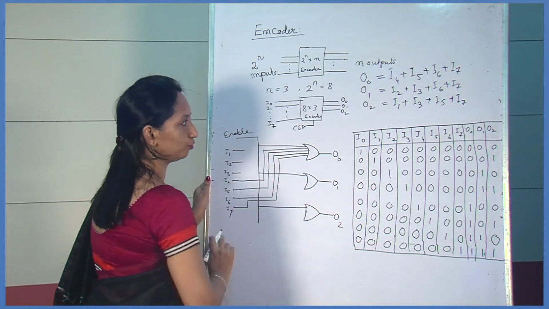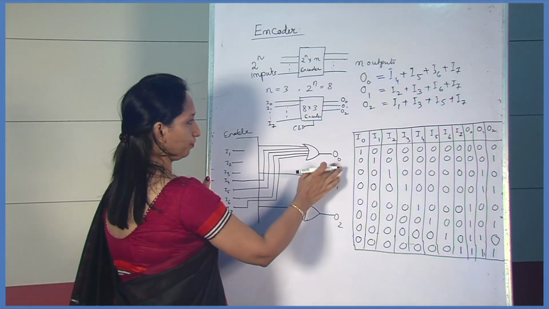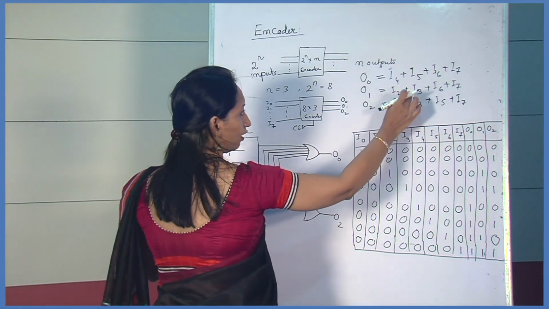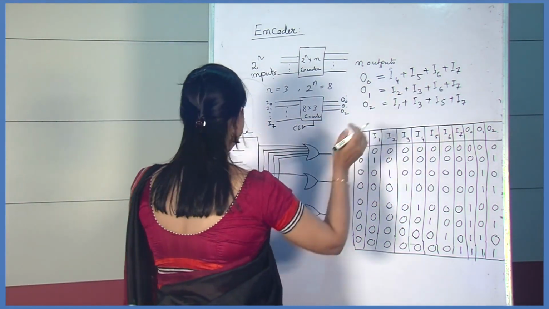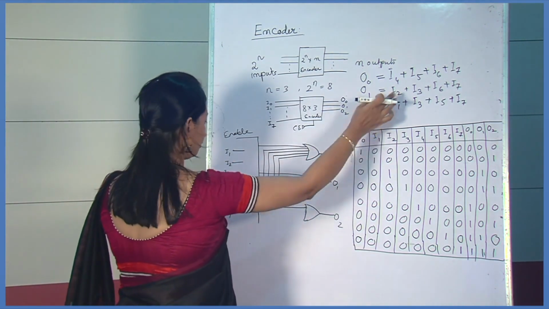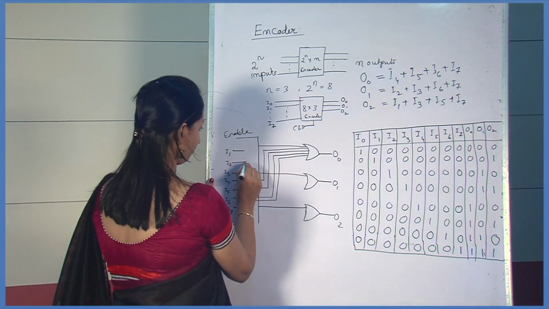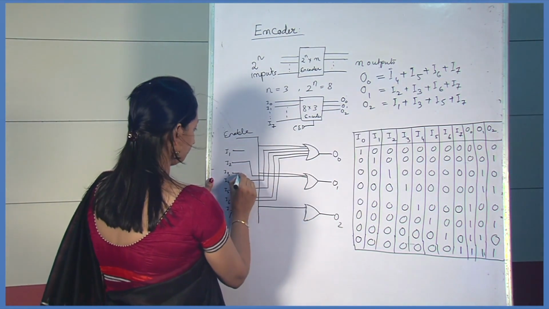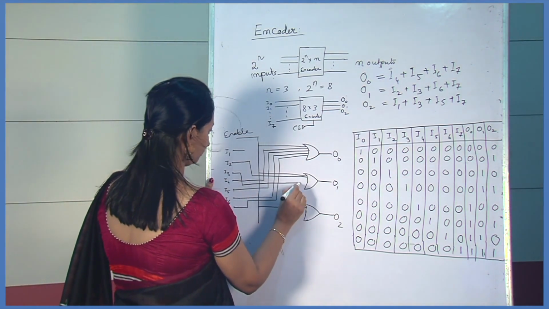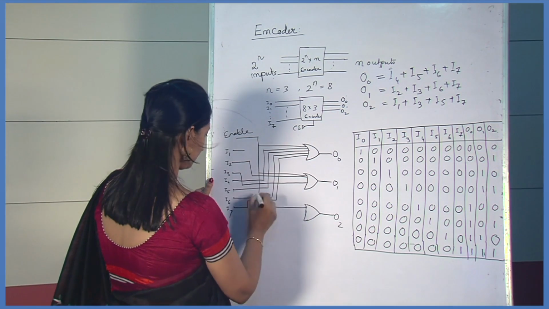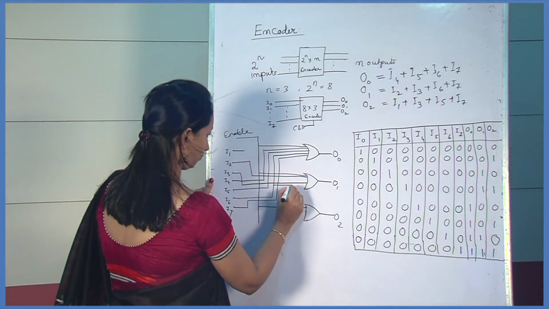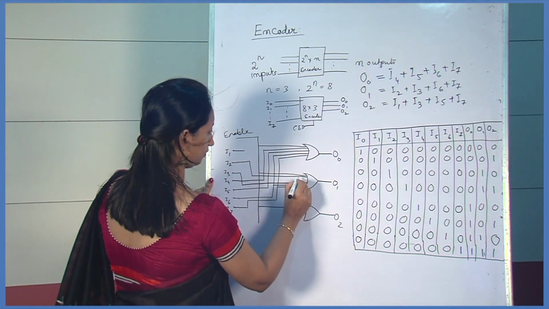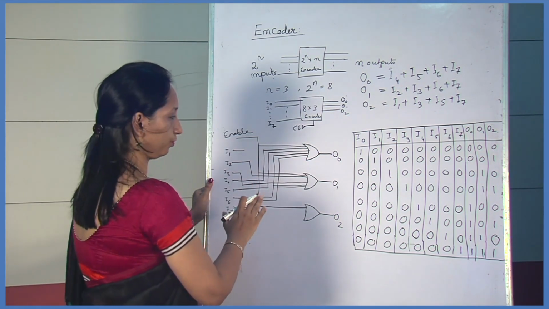Then for the second output O1, what are the inputs? I2, then I3, I6, then I7. So 4 inputs.